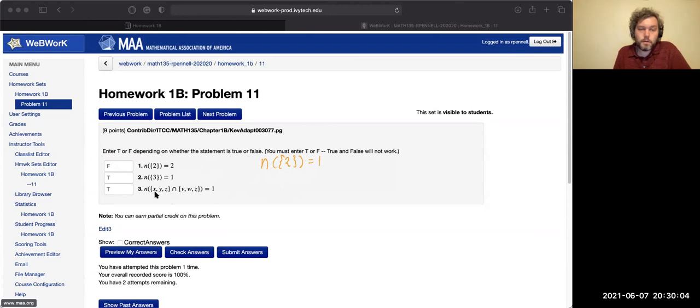The number of elements that these have in common, the intersection x, y, z intersects v, w, z is 1. Is that true or false? I say that's true. They have z in common, and so this would simplify to the number of elements of just z, and that's just 1 element.